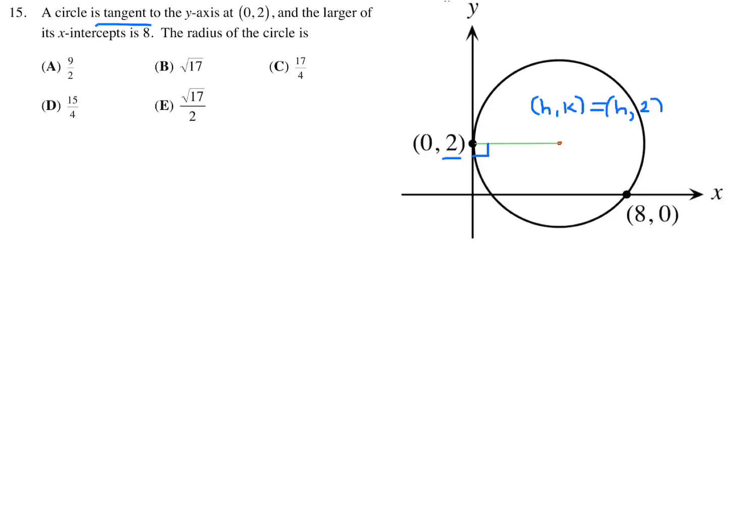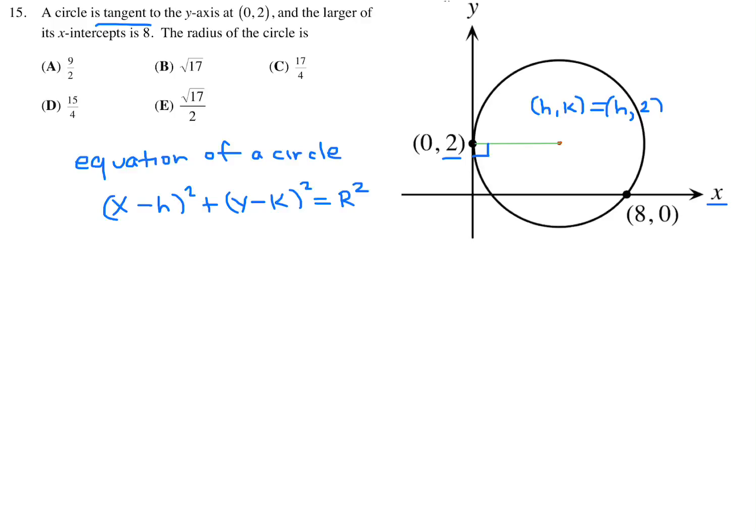All right, now the equation of a circle, if you remember, is of the form (x minus h) squared plus (y minus k) squared is equal to r squared, like that. And x and y obviously are the coordinates, but h and k represent the center point.